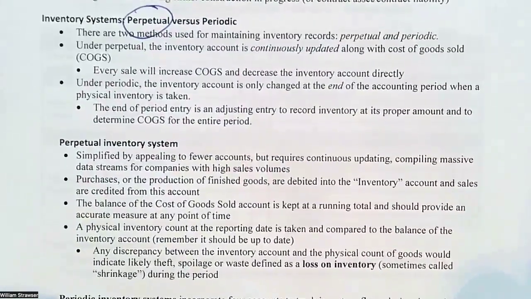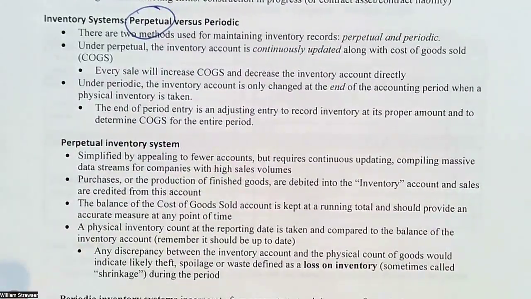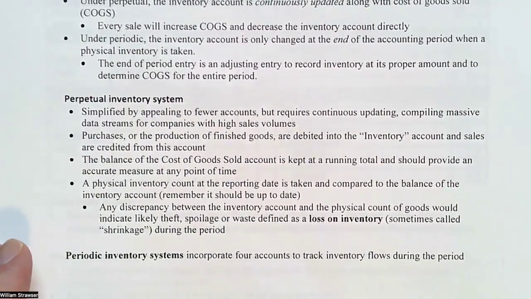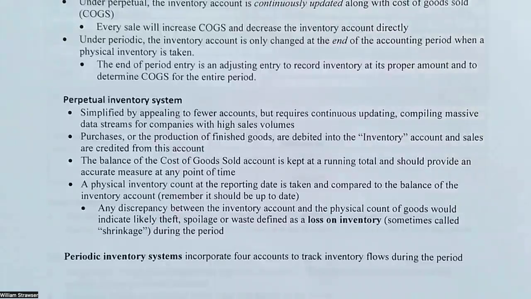So let's talk a little bit more about the perpetual system first. It's a more simplified system because it appeals to fewer accounts. I'll allude to some of the other accounts used in the periodic system, but all we're dealing with is the inventory account. Anytime we purchase anything, anytime we produce a finished good as a manufacturer, we debit the inventory account.